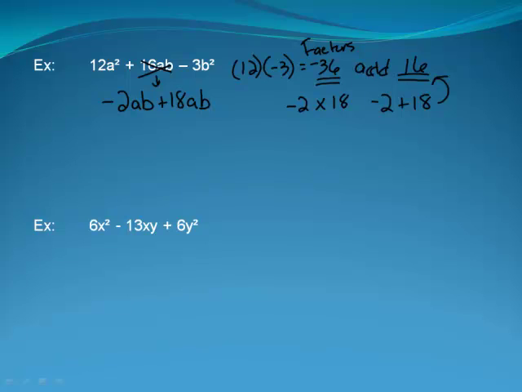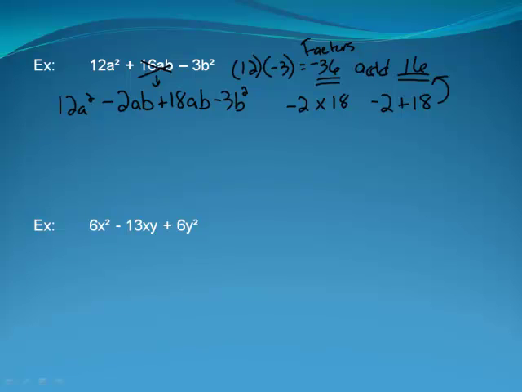Negative 2ab plus 18ab, those are like terms, so if you combine them, you'd get positive 16ab, which is the original problem. Like before, the first term doesn't change, and the last term does not change. And now you're right where you were before.